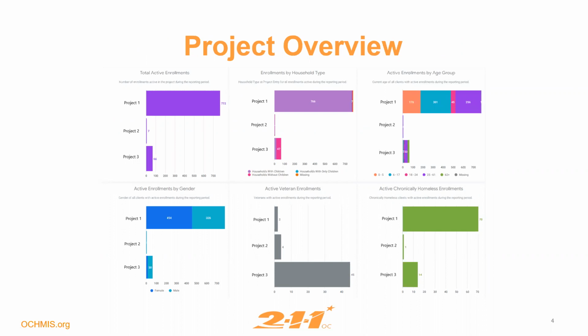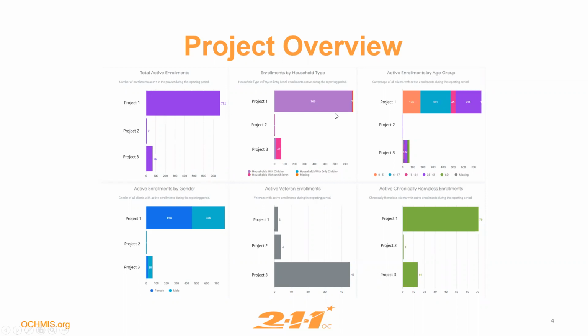So the first section of the dashboard is a project overview. It's meant to tell you some high-level details about the clients that are in your project. When the dashboard is released, you will be able to pull the dashboard for whatever reporting period you would like, and it will list each of your projects down the left side.